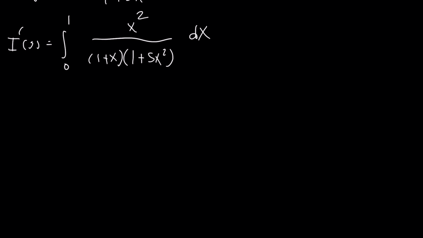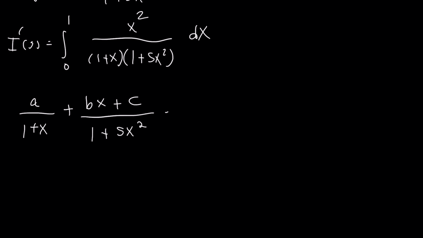So from here we'll have a over 1 plus x plus bx plus c divided by 1 plus sx squared as our integrand: x squared divided by 1 plus x times 1 plus sx squared.